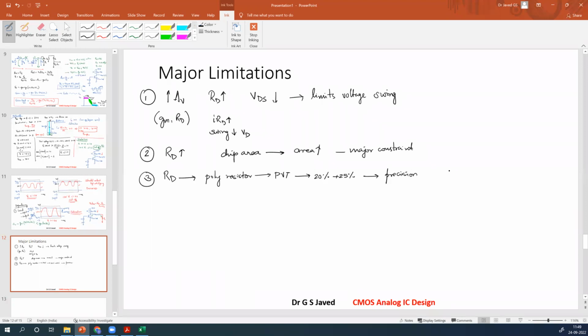For example, if you are doing a 1K resistor and you have a 20% variation, assuming 10% on each side, you have 1.1K on one side and 0.9K on the other. This will vary your gain by 10%, or sometimes the current will also go up because your ID will get impacted, VDS will get impacted, swing will get impacted. So you will not have a fixed value.